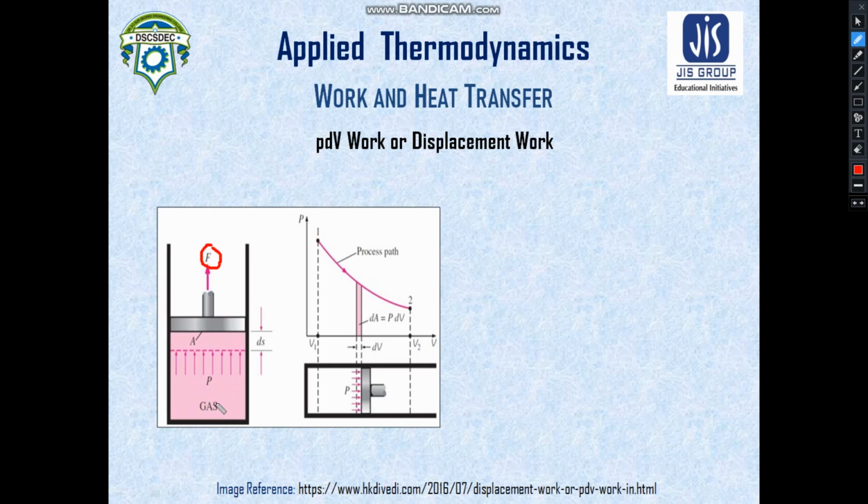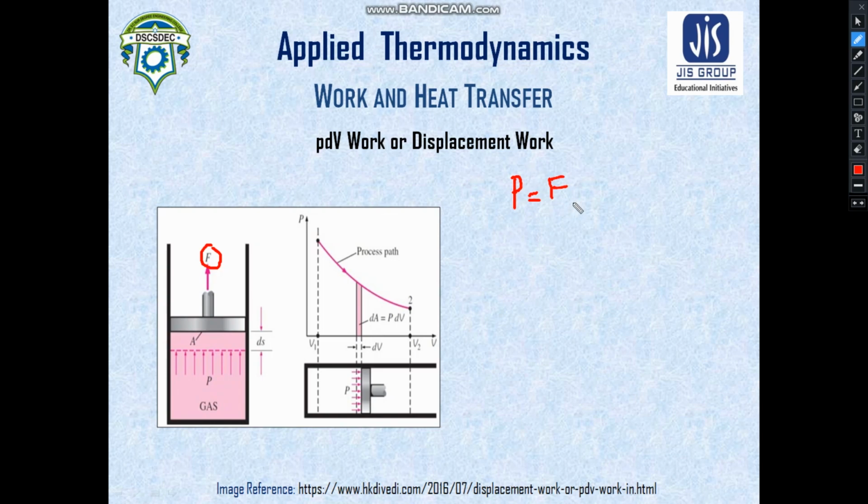That means the pressure exerted by the gas is exactly the same as the pressure exerted by the piston on the gas. So from the point of view of mechanical equilibrium, we can say this P is equal to F. This P is being exerted by the gas on the piston, whereas this F is being exerted by the piston on the gas. Okay, you can take it otherwise also.